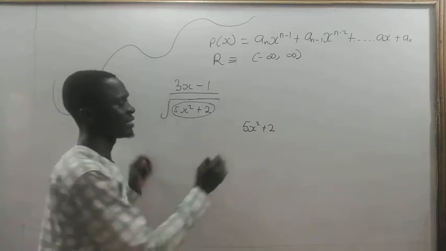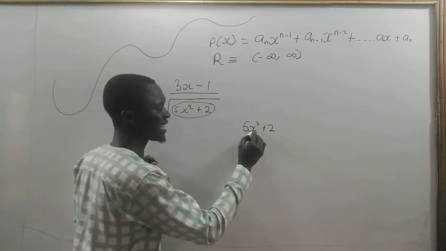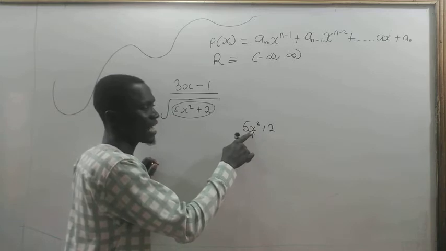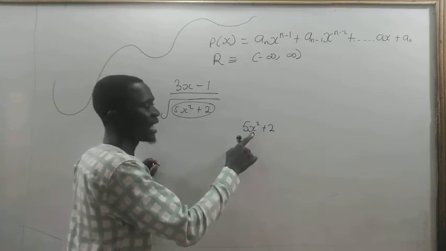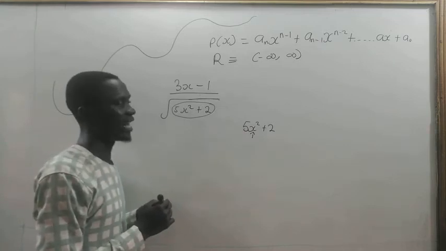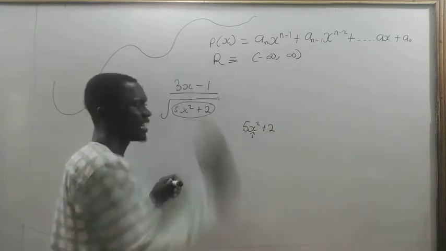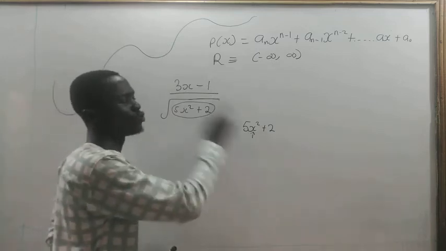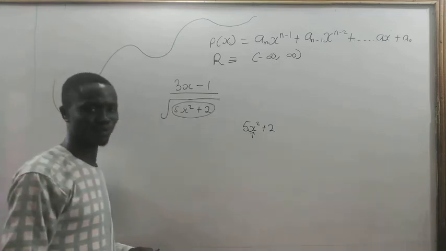And you see that if you put in any real number, because x is squared, any real number will give you a positive number. And this can never be equal to 0. For real numbers, 5x squared plus 2 will never be equal to 0.